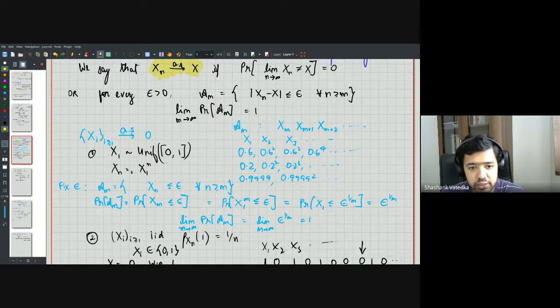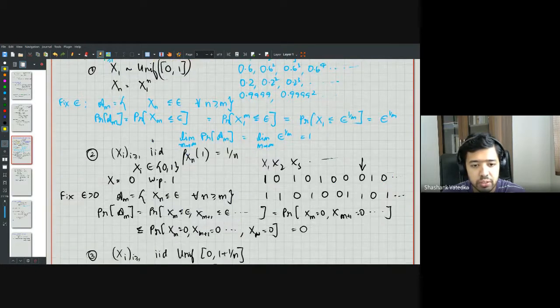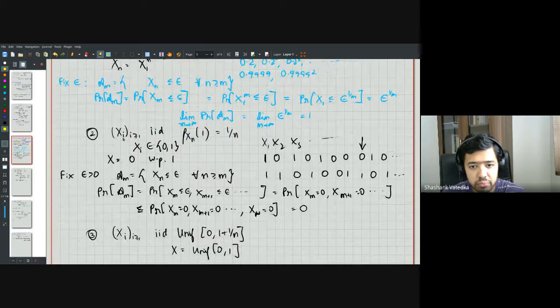We saw that this sequence converges to 0 almost surely. And then we saw another example where each xn is Bernoulli 1 over n. They're all IID, but Bernoulli 1 over n. And we saw that this sequence does not converge almost surely.